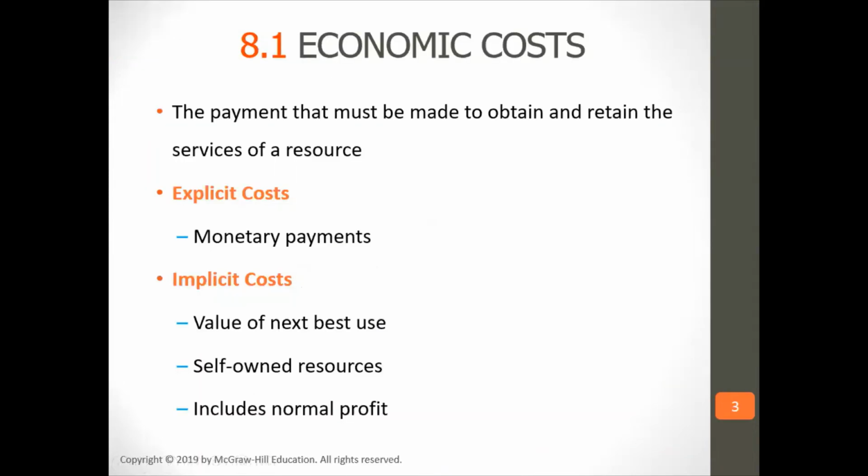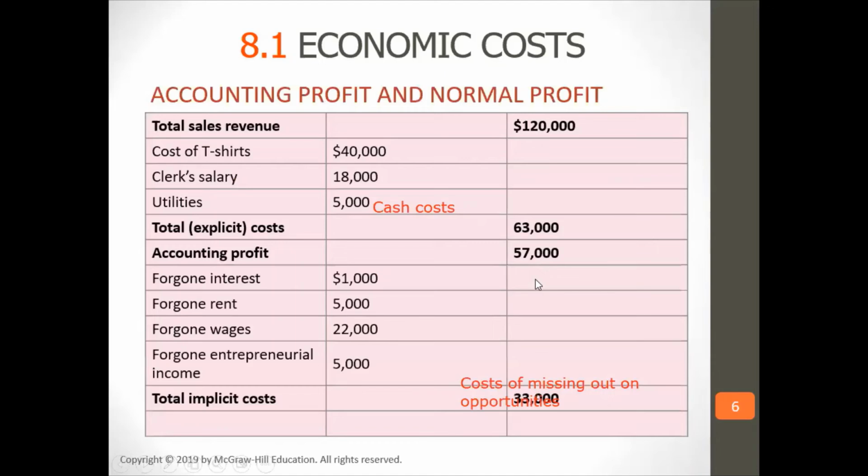So the economic costs: explicit costs are monetary payments, that's cash costs. Implicit costs are costs of missing out on opportunities, basically. So if you're going to do an accounting spreadsheet, these are cash costs, out of pocket.